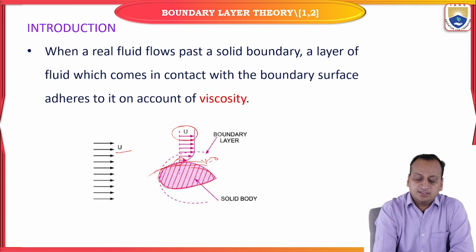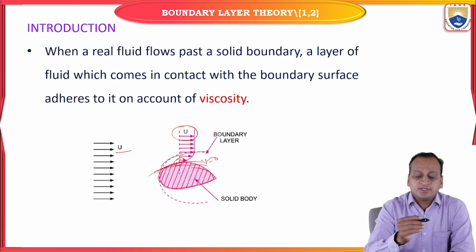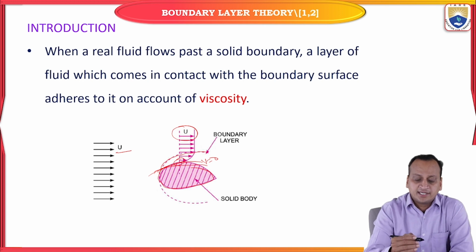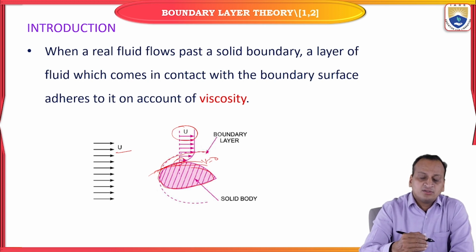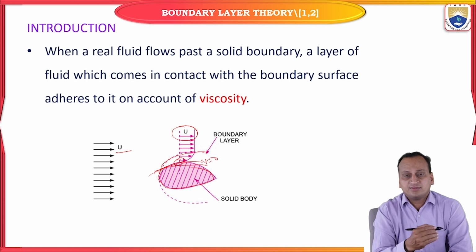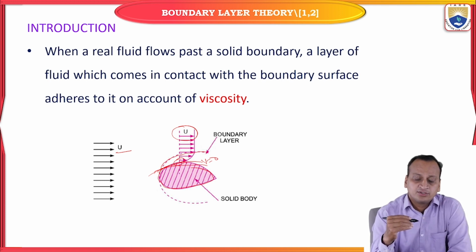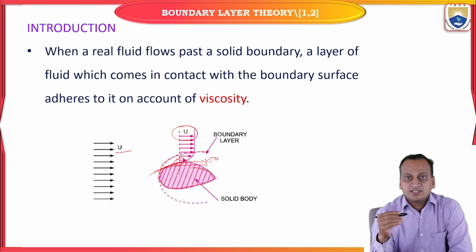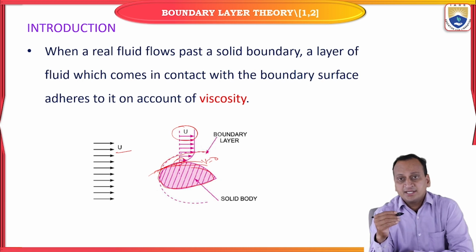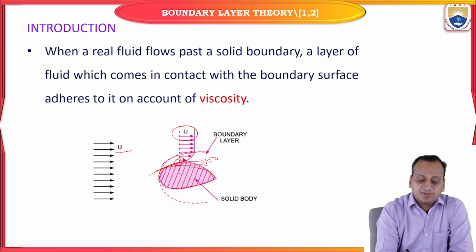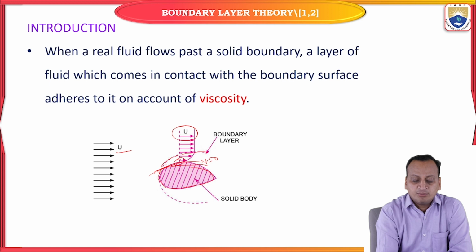Within the immediate neighborhood of the solid body boundary, the first layer sticks and another layer is retarded. Gradually all the layers up to some extent are affected, and afterwards the fluid reaches the mainstream velocity. Those retarded fluid layers form a particular region, and that region is known as the boundary layer.